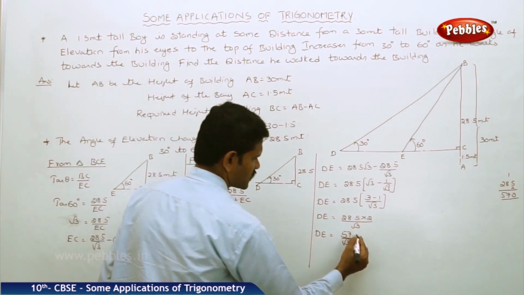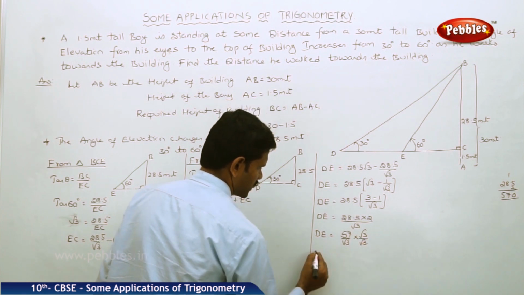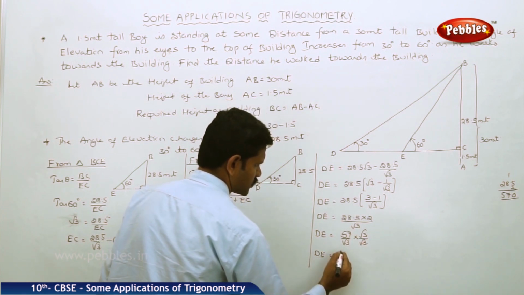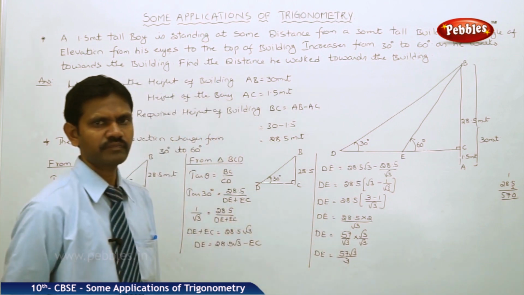Rationalize in this step, multiply by root 3 by root 3. That is DE is equal to 57 root 3 by root 3 into root 3, nothing but 3.